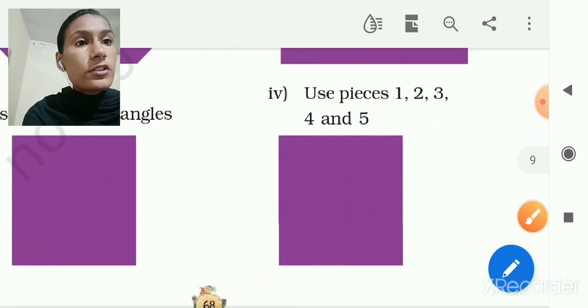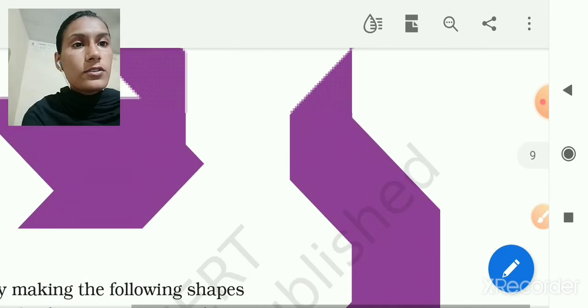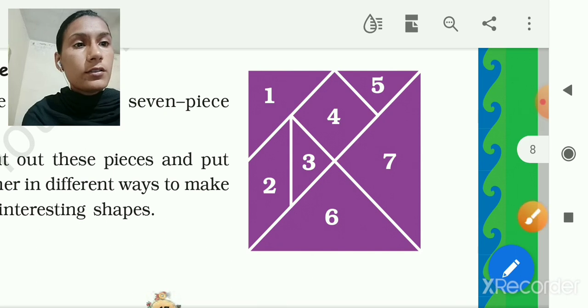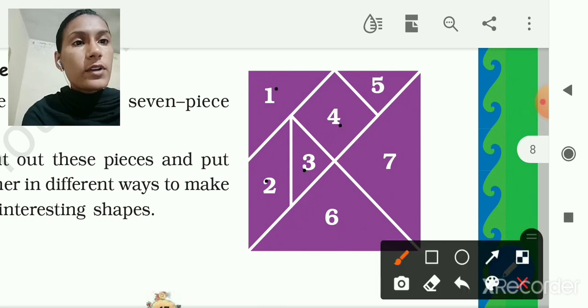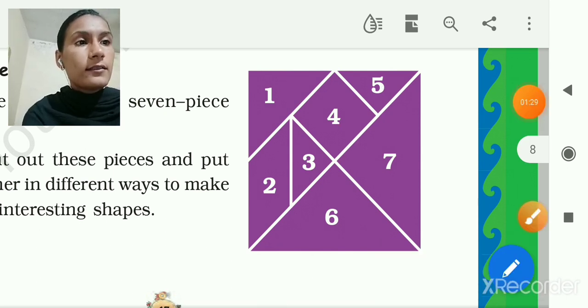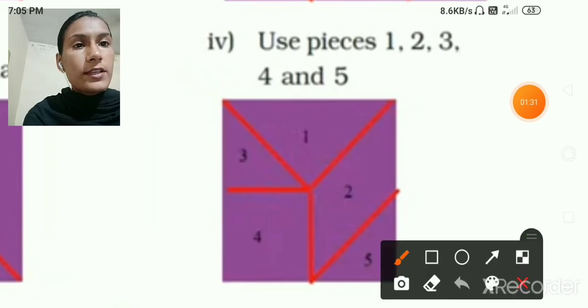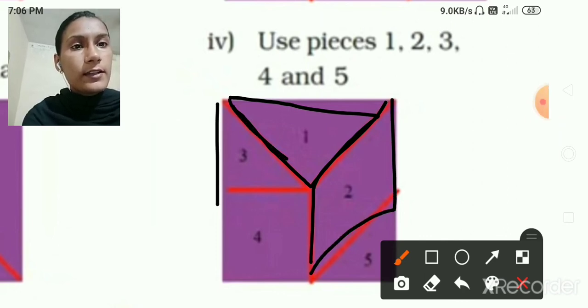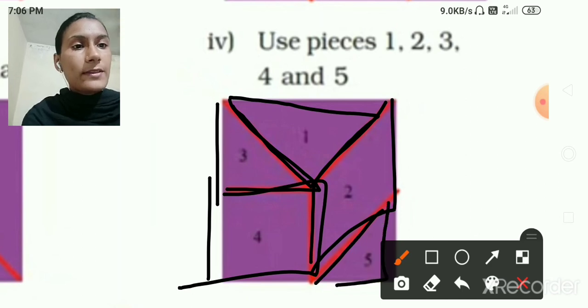The next, use pieces 1, 2, 3, 4 and 5. So here we have to use the pieces 1, 2, 3, 4 and 5. So let's see. We can use here 1, then 2, then here 3, then this 4 piece and 5 pieces.